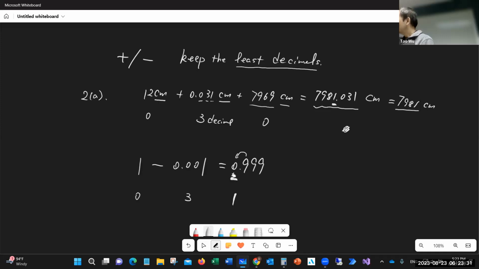Technically, in real situations, a big number minus a very small number is still the big number. They're not going to change anything. So 1 minus 0.001 is still equal to 1.